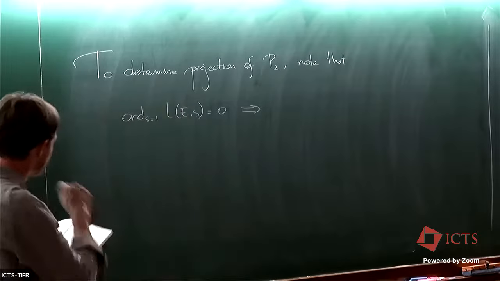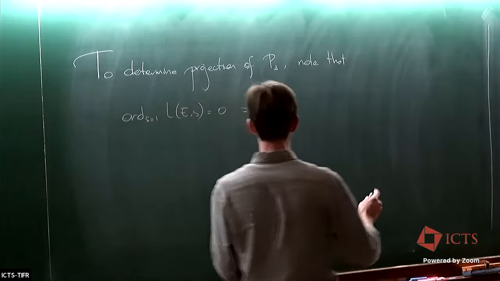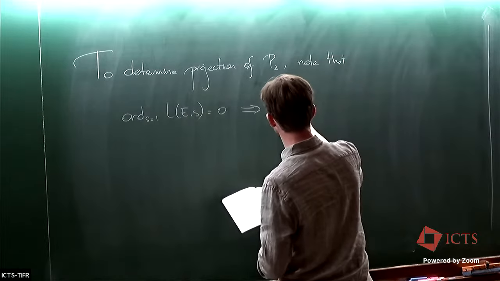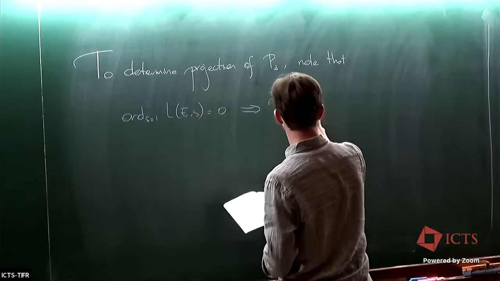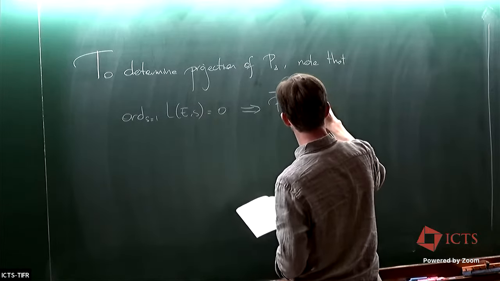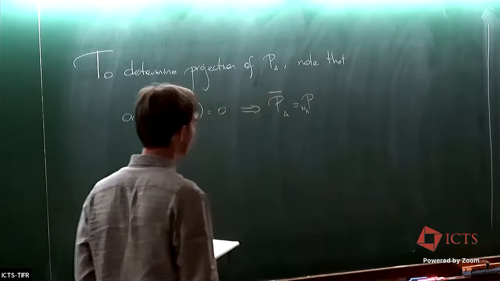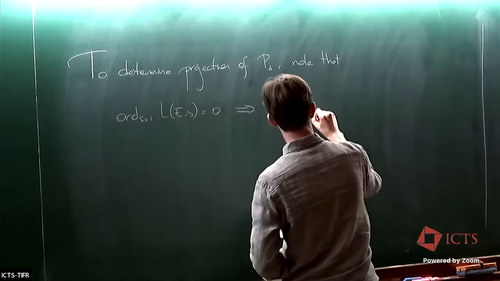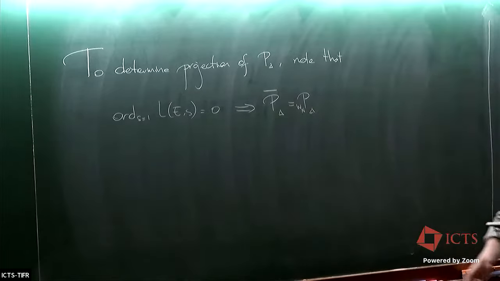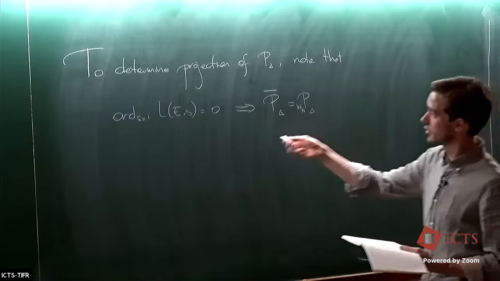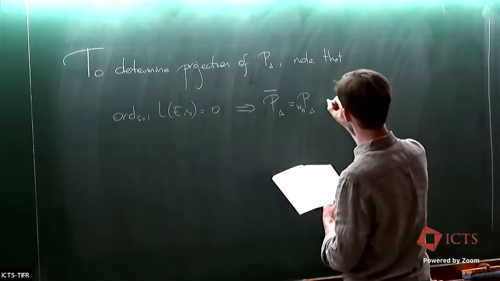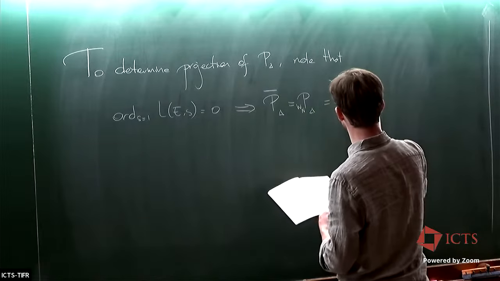And so this means the sign is completely determined by the Atkin-Lehner involution. So we know that this P sub delta, by Shimura reciprocity, it's the same as the Atkin-Lehner or Fricke involution of this P delta. But I know what that does to the Heegner point because I know precisely what the sign in the functional equation is by this assumption. That must be precisely equal to minus P delta.